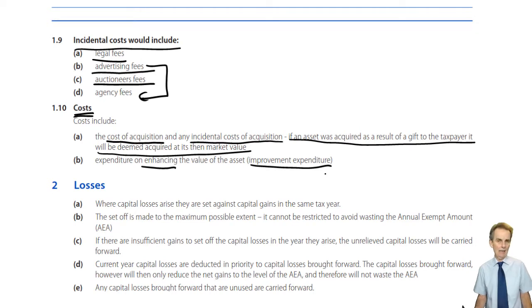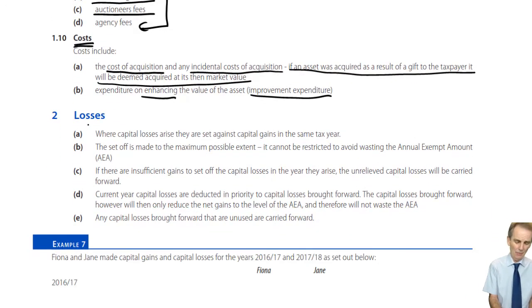Now, having taken account of the disposal consideration, the selling expenses, and the allowable costs, you don't always get a chargeable gain arising. What we might have, as here in section 2, are losses. What do we do with them? We already know the answer to this. Any gains and losses during the tax year for the individual must be netted out.